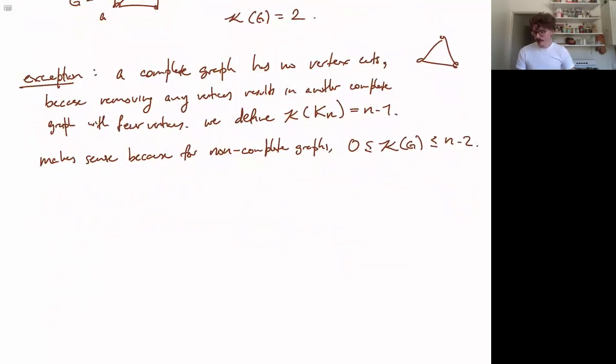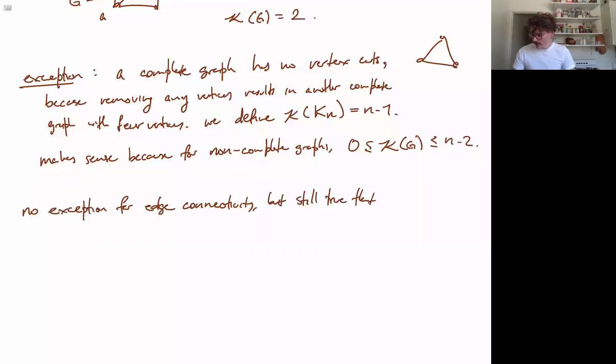Although it's still true, so let me write that: no exception for edge connectivity, but still true that the edge connectivity is equal to n minus 1 if and only if G is a complete graph, which is a good exercise as well to verify.